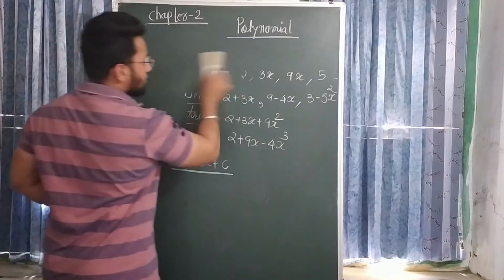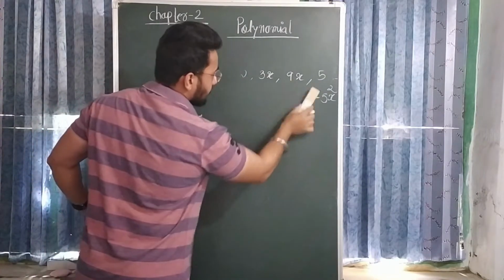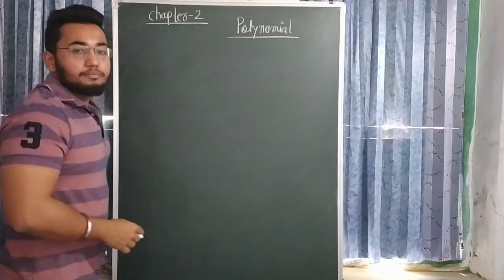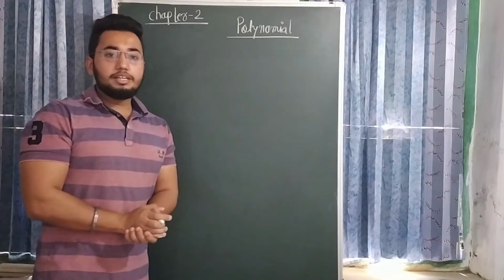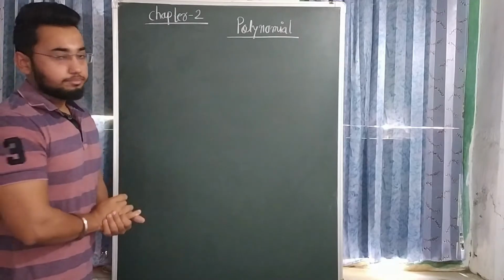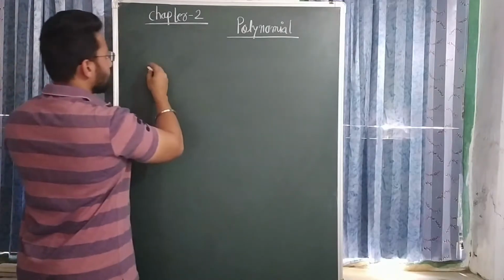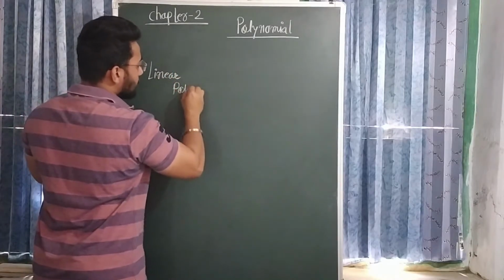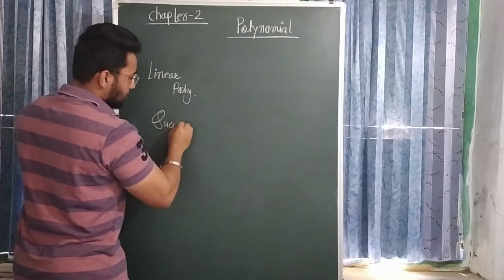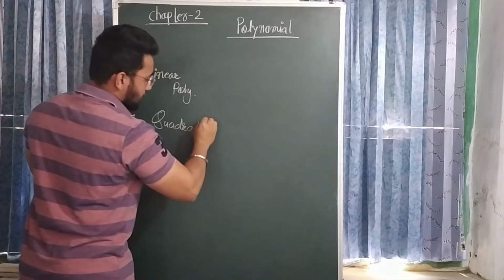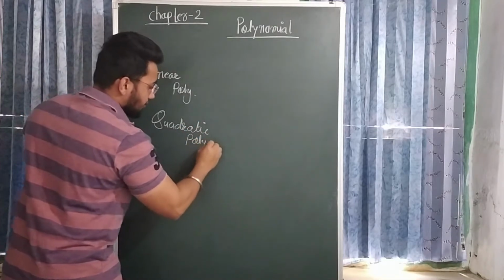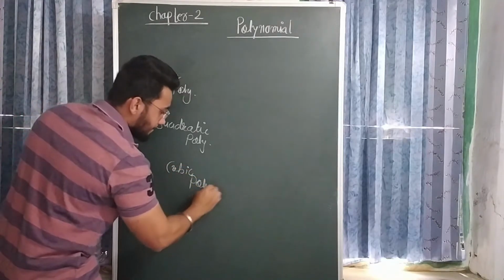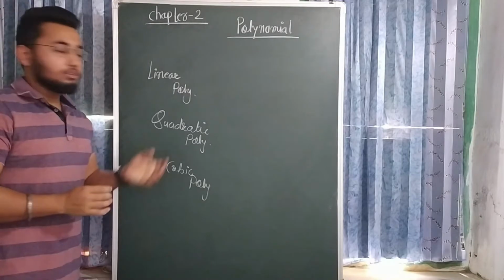Now we have to study linear polynomial, quadratic polynomial and cubic polynomial. Linear means what? Degree should be 1. What is the meaning of this?